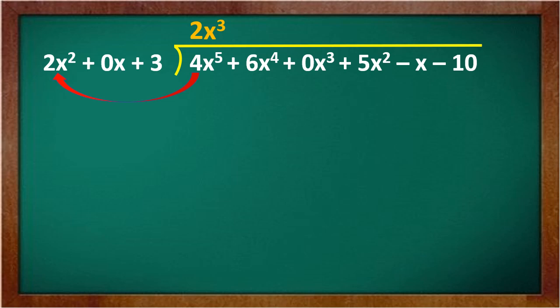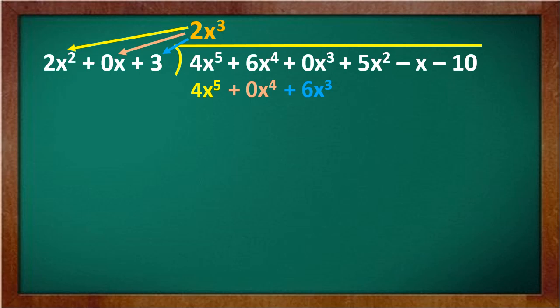After getting the first term of the quotient, multiply it back to each term of the divisor. So 2x cubed times 2x squared, that is 4x raised to 5. And then 2x cubed times 0x, that is 0x raised to 4. And then 2x cubed times 3, that is 6x cubed.